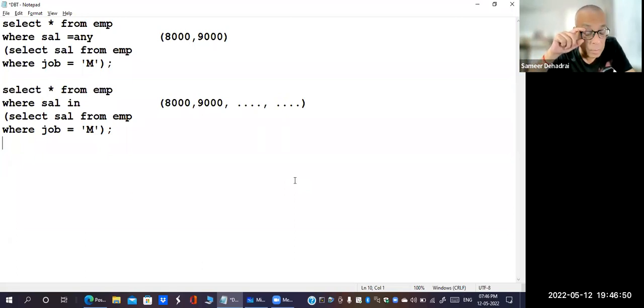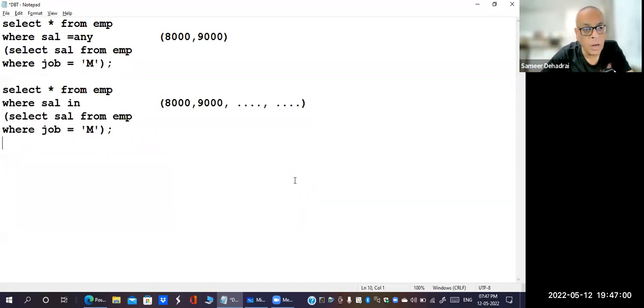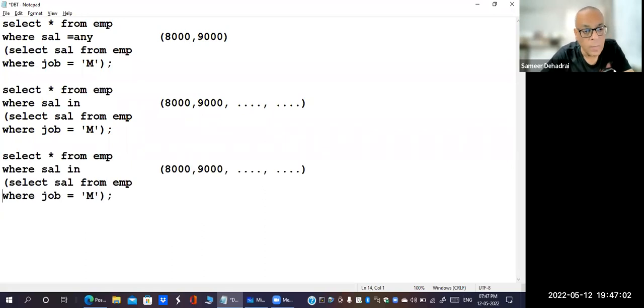In this example, in this and only this example, considering that managers are the highly paid ones here, what I can do is in my subquery, I can find out the minimum sal of manager. In the subquery, if I find out the minimum sal of manager, then my subquery returns only one value.